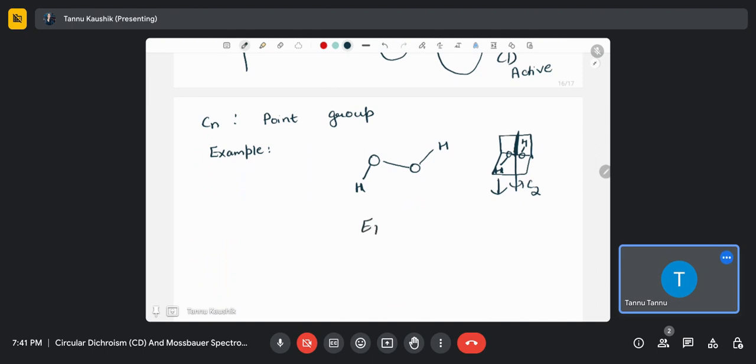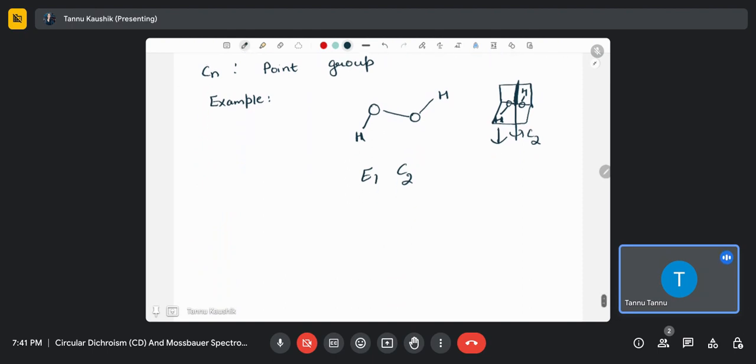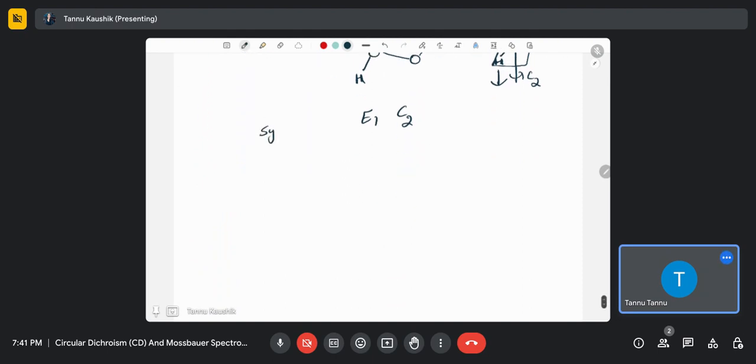It has the identity operation and a C2 rotational axis present in the molecule. So the symmetry elements present in this molecule are E and C2. So the corresponding point group is the C2 point group.